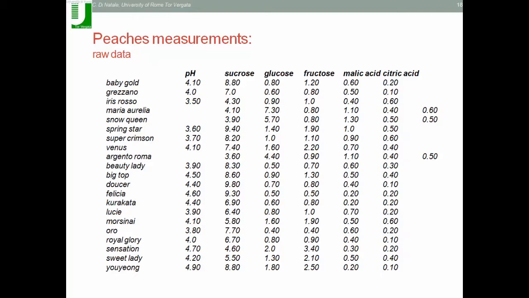And then here we have all the different cultivars, and we could be interested to see how these cultivars are arranged according to the acidity and the sugar content, and which is the mutual role of these sugars and acids in this kind of fruits.